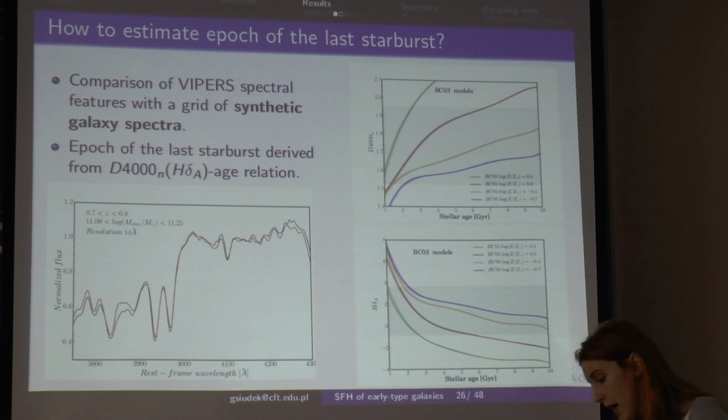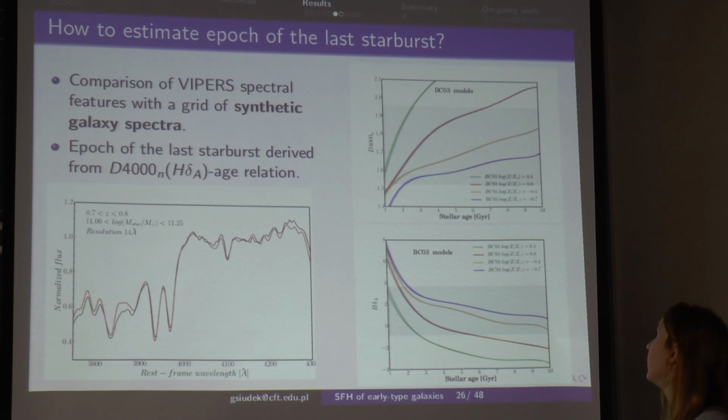To estimate the age, we can compare with theoretical models, and I have derived the relation of D4000 and H delta as a function of stellar age for Bruzual and Charlot models, which were already used for VIPERS data to estimate stellar masses.